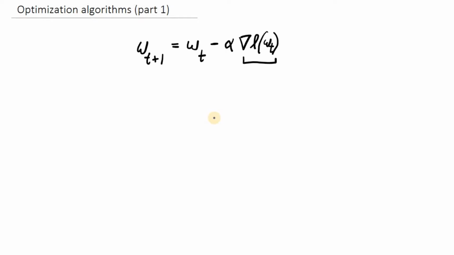L is actually a loss function which we will be defining, and the weights at that particular time t are taken into consideration. Alpha, or in many cases written as eta, is in either case the learning rate, and this is determined before we start the gradient descent iteration process, and we successively update the weights in this way.